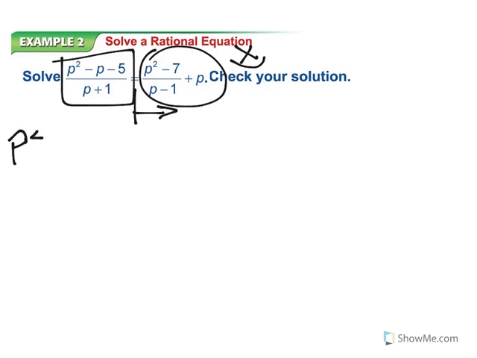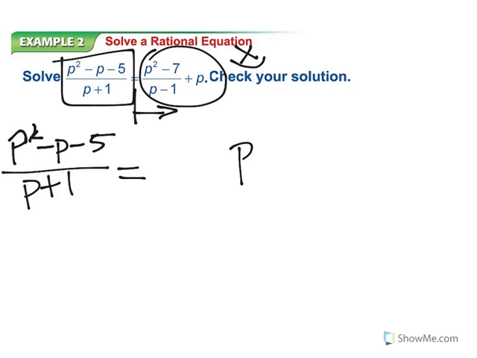So p squared minus p minus 5 over p plus 1 equals, now let's get these and do the SMILE method to combine them. So p squared minus 7 over p minus 1 plus p over 1. Any whole number or variable can be written as a fraction just over 1.